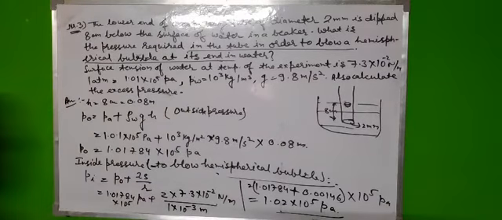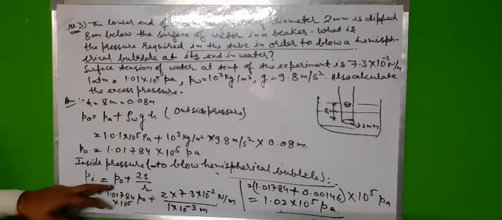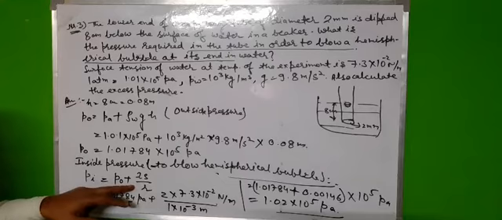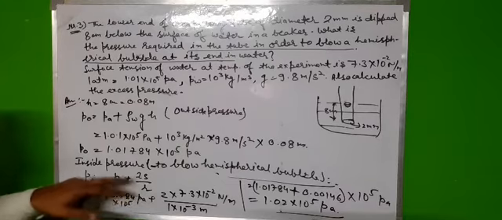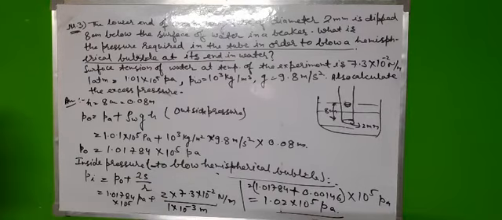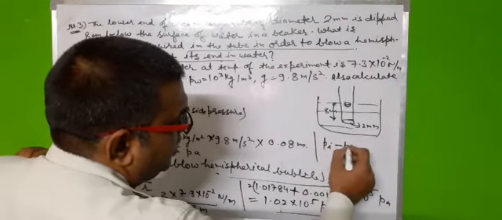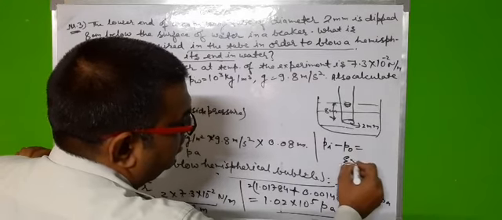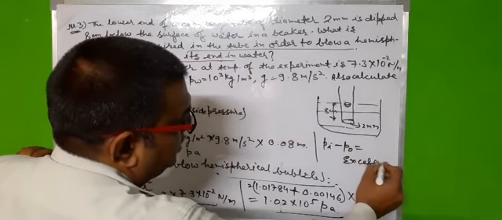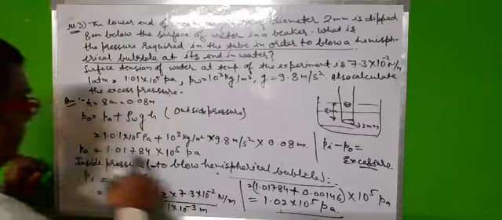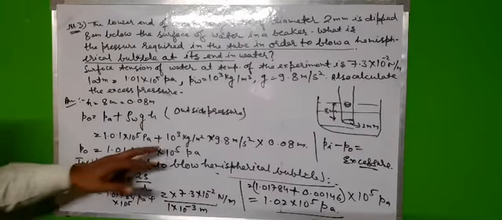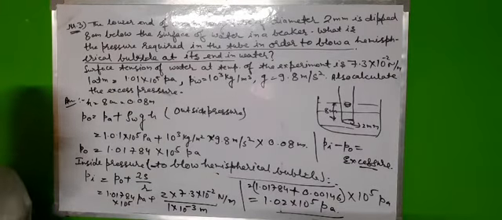This is the inside pressure, that is outside pressure plus the excess pressure of the soap bubble. P inside minus P outside is the value of the excess pressure, so on subtracting you will get the excess pressure.